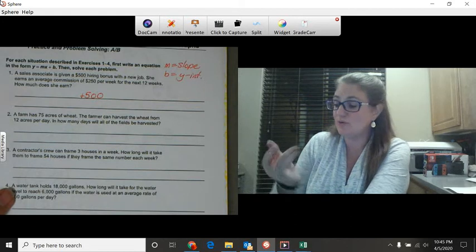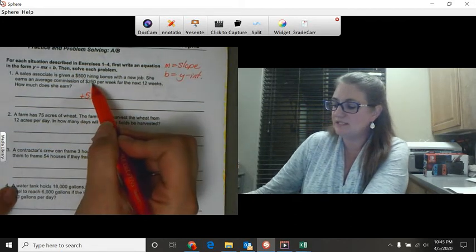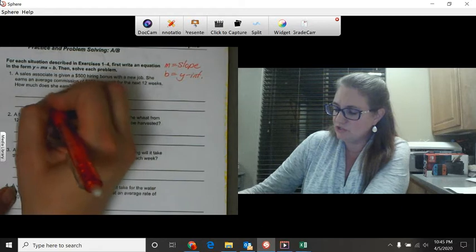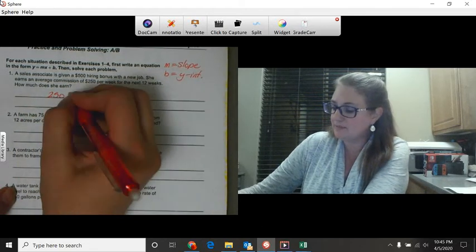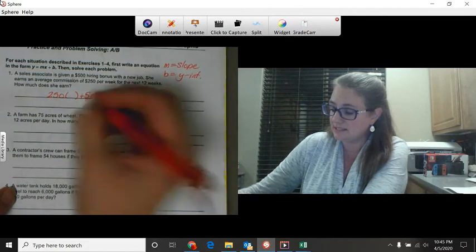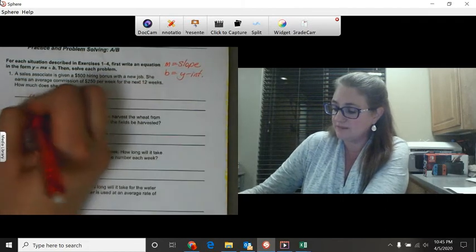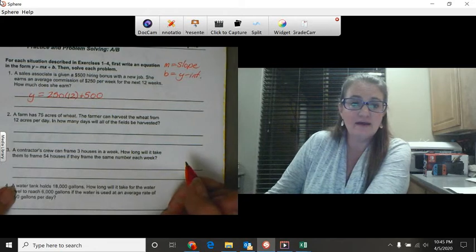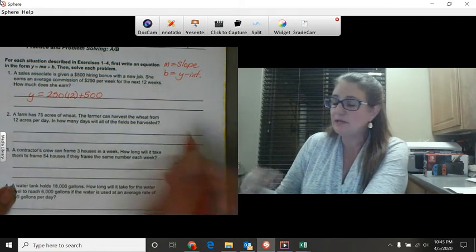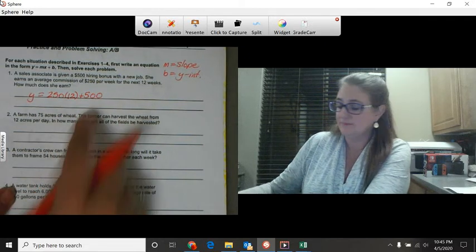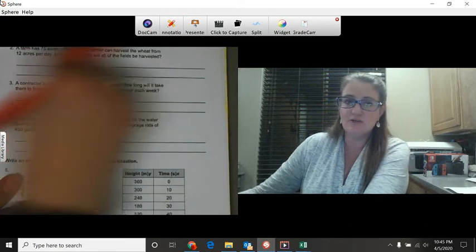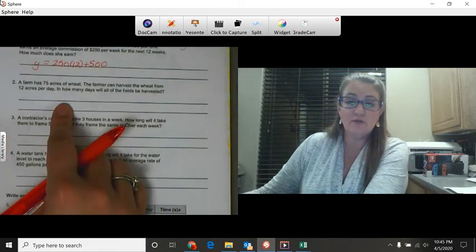Exactly, we're going to multiply it. So 250 times the 12. So we have the 250, which is our slope, times our x, because it's going to happen over 12 weeks. So you're going to have 250 times 12 plus 500. Again, PEMDAS rules. Multiply first and then add. Okay? So that is how you would write your linear equation based on the words.